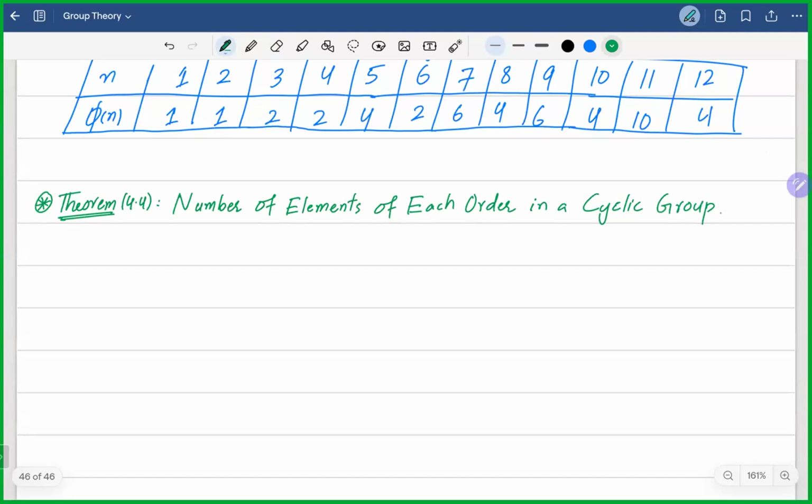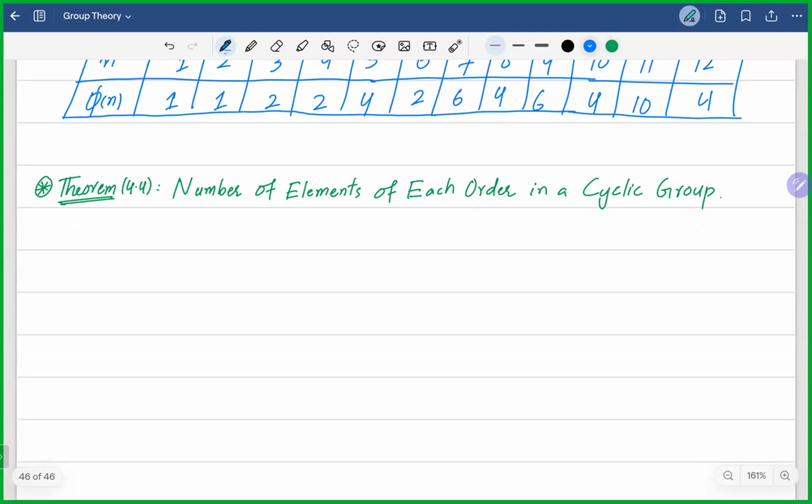So first you found out the orders of the subgroups, and then the subgroups. Now you will find out what are the orders of elements inside the cyclic group. That's very good to know.